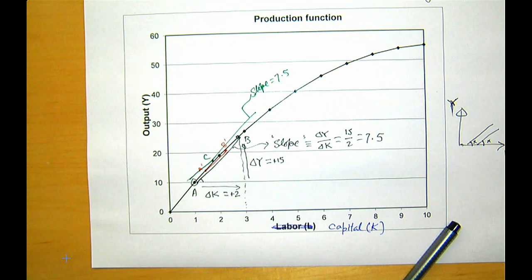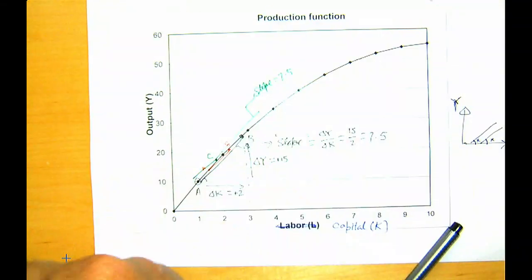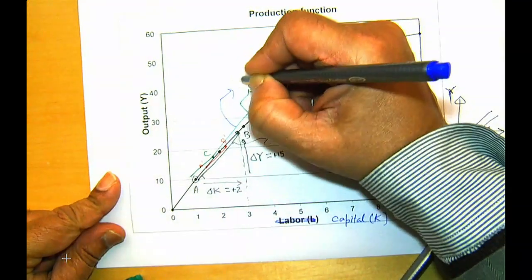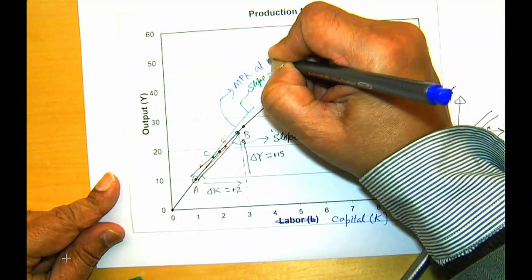So that means the marginal product of capital, the additional output, additional dishes generated by one more unit of capital, is 7.5. So what is 7.5? It is the marginal product of capital at that point. You already know what marginal product is, so I'm going to say this is the marginal product of capital at C.